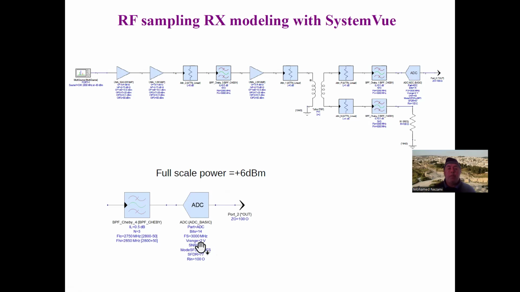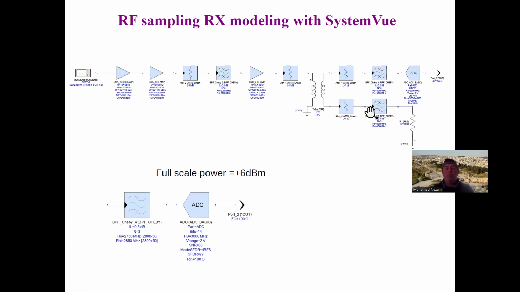The full scale is 2 volts, okay, which corresponds to about 4 dBm, I think, or we'll see in a minute. And the input impedance of the ADC is assumed 100 ohm, okay, and the spurious free dynamic range is 77, SNR is 63. These are taken from the data sheet, okay.